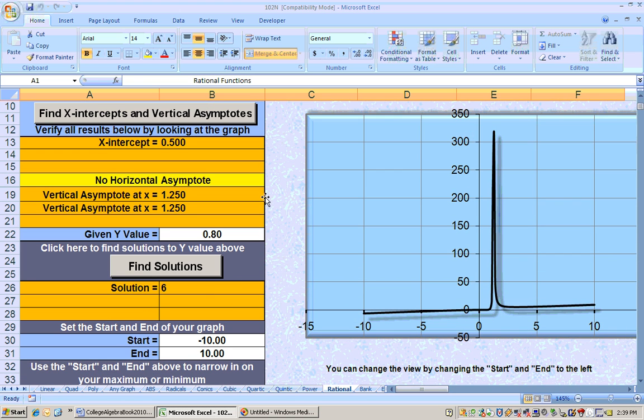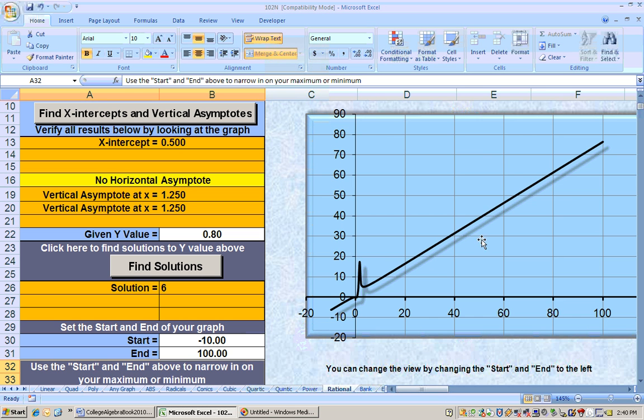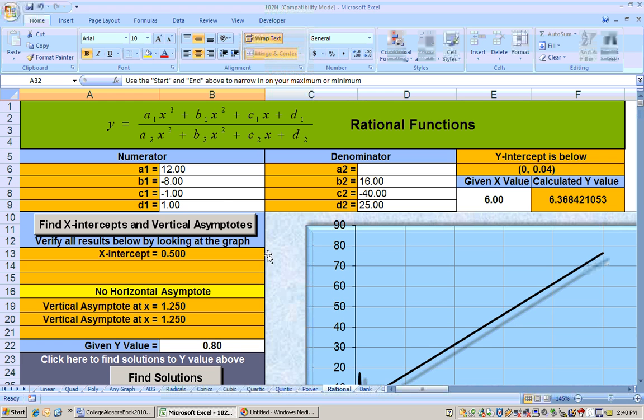I clicked to find the vertical asymptotes, and I set the graph to go from negative 10 to 10, and it might look like it's leveling off. Here's the vertical asymptote right here at 0.5, but it's not. If I go, let's say, out to 100 or so, then you can see this graph just keeps on going up like this.